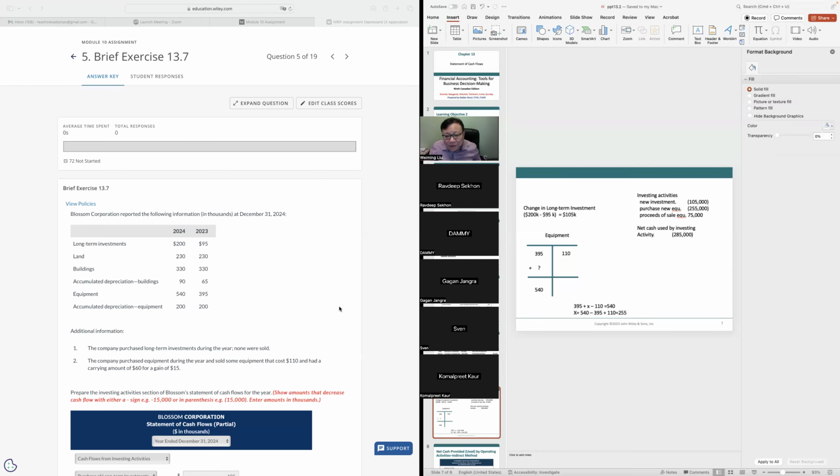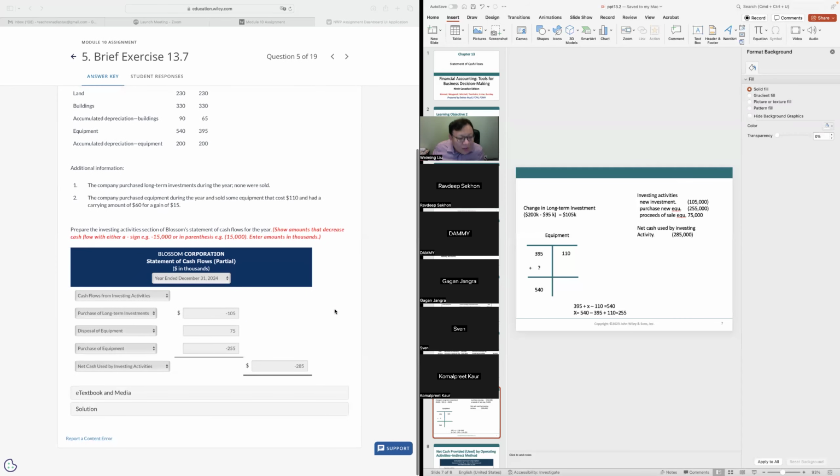Okay, let's see if we are correct. Oh yeah, good. We are correct. Look at that. Purchase of long-term investment is negative 105. Disposal of equipment is our 75. Purchase of equipment is negative 255. So the net cash used for this investing activity is negative 285,000.